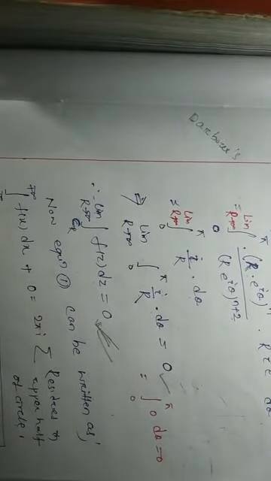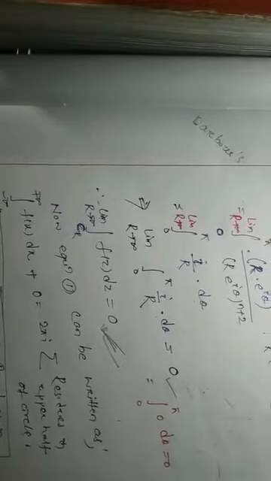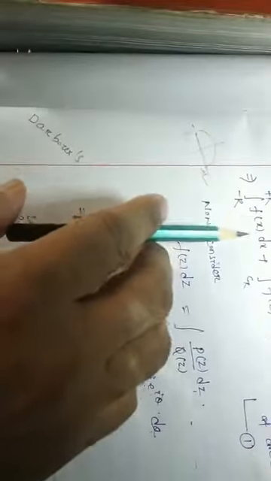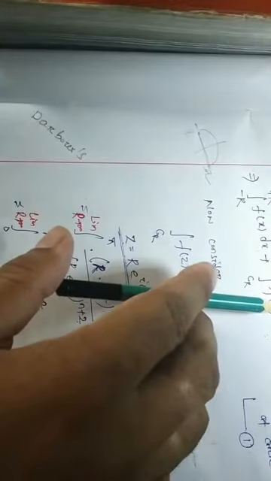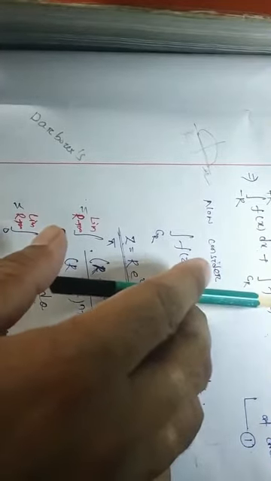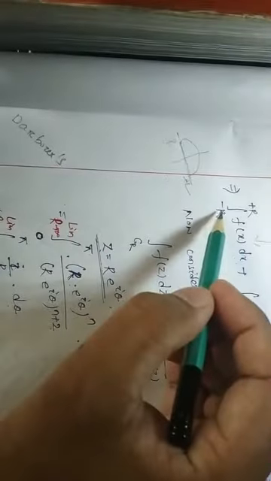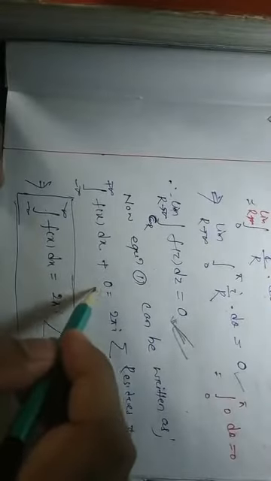Now equation number 1 can be written with the integral over C_R of f(z) dz, which we found to be 0 when r tends to infinity. When the limits minus R to plus R change to minus infinity to plus infinity, this term will be 0.